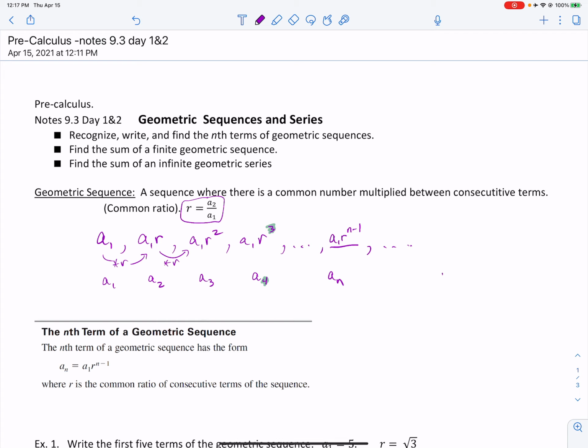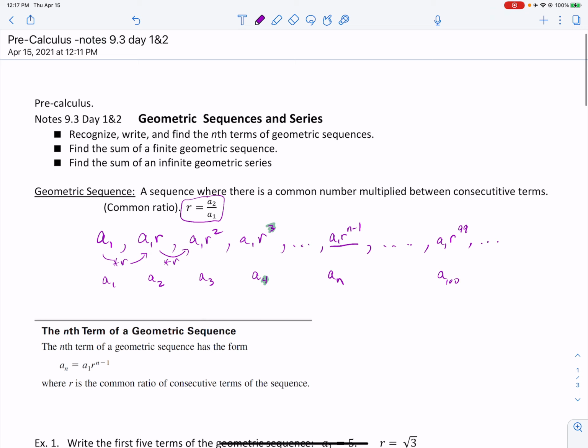So if you want the 100th term, it's going to be a sub 1 times r to the 99th. So the nth term of a geometric sequence, a sub n, is a sub 1, your first term, times r to the n minus 1. And to find r, you take the second term divided by the first term.